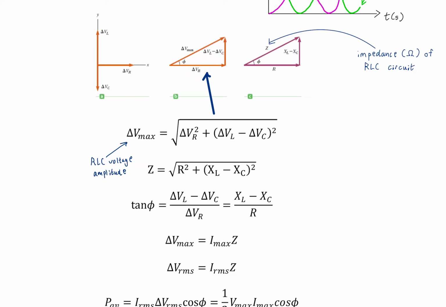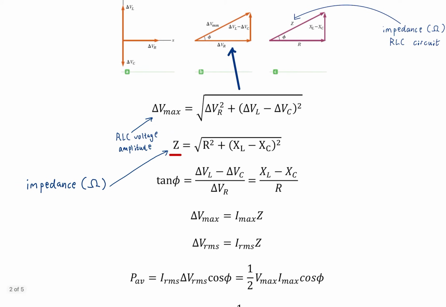Now the impedance is our next term. This is the impedance of the RLC circuit, Z, and it's equal, also with the Pythagorean theorem, to this expression. Again, just the sides of the triangle, and we see that it's this triangle right here.